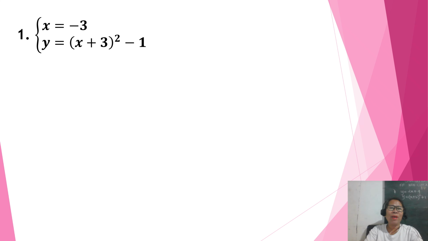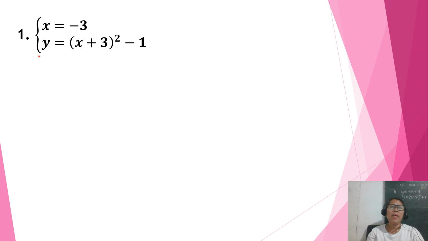Let us try number one. The first equation is x equals -3. The second equation is y equals (x plus 3) squared minus 1. Let us use the value of x in equation A, which is x equals -3.